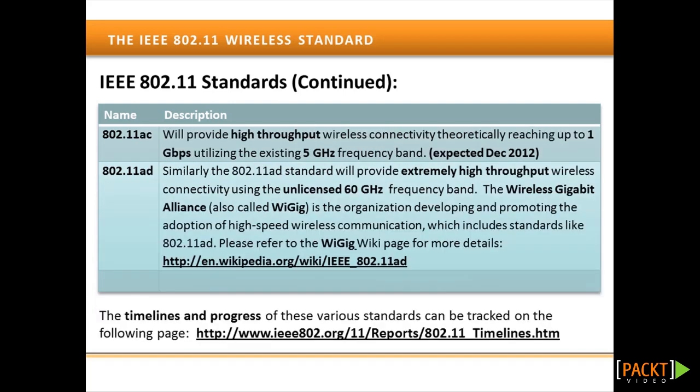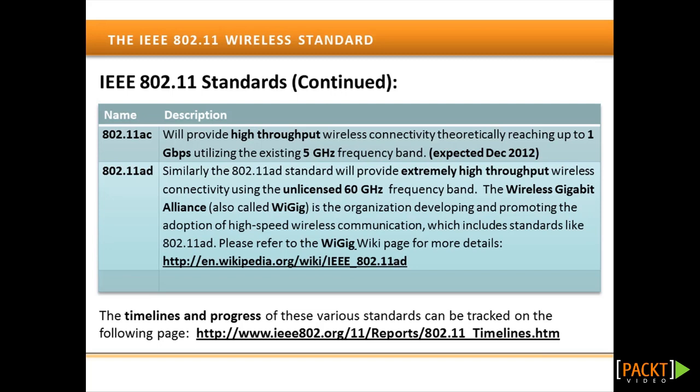Other upcoming standards that should be interesting to follow are the 802.11ac and 802.11ad standards. The 802.11ac standard, once ready, will provide high-throughput wireless connectivity, theoretically reaching up to 1 gigabit per second, utilizing the existing 5 GHz frequency band.